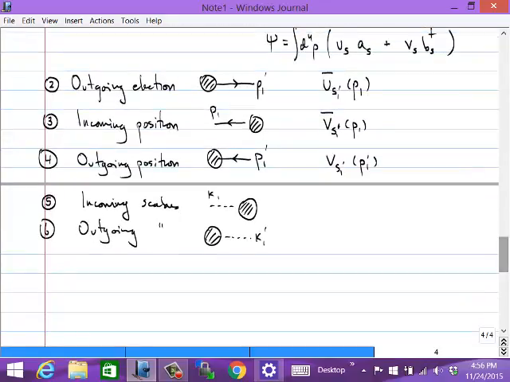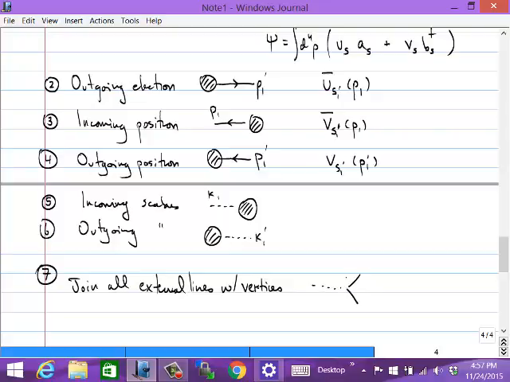And so if you're instructed, say, to compute a scattering process with some number of incoming or outgoing electrons, scalars, and positrons, the Feynman diagram rules say that we should join all of the external lines using interaction vertices, which are these trivalent interaction vertices.